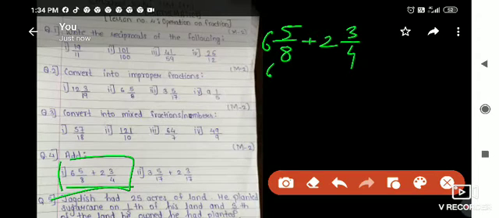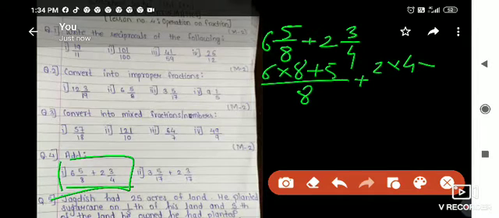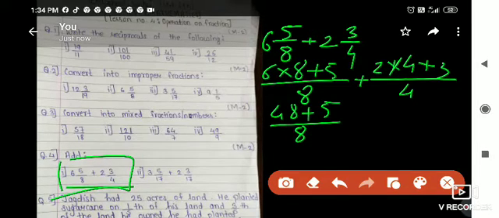So here 6 into 8 plus 5 upon 8 plus 2 into 4 plus 3 upon 4. 6 eights are 48 plus 5 upon 8, and 2 fours are 8, plus 3 is 11 upon 4.